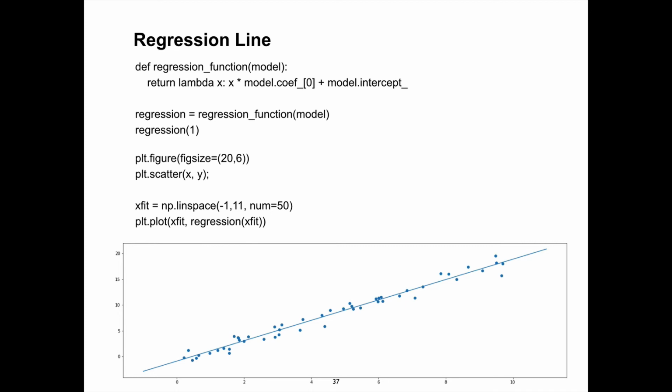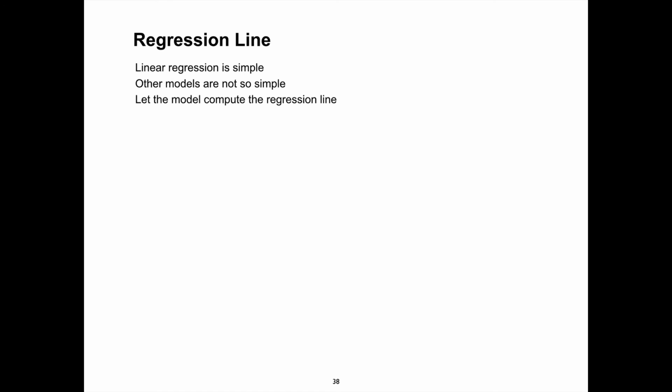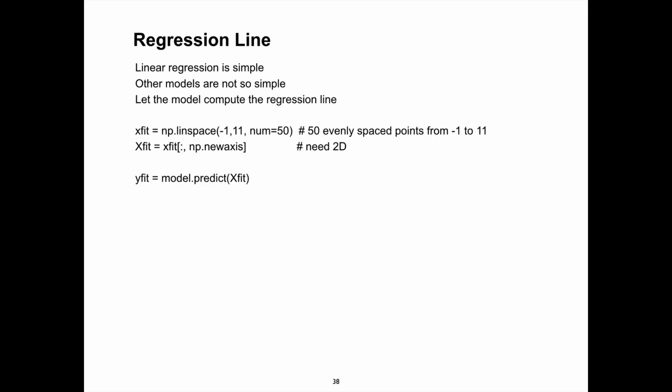And of course, I just had to do it. It was like, oh, I have to do this, right? So yeah, we can compute the regression model ourselves, but they actually will do it for us.